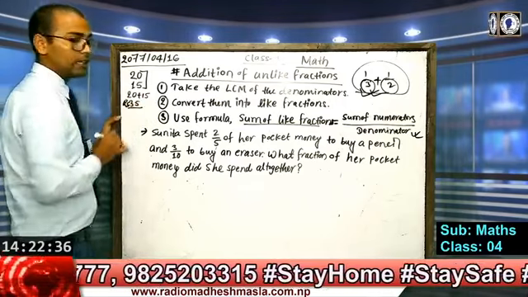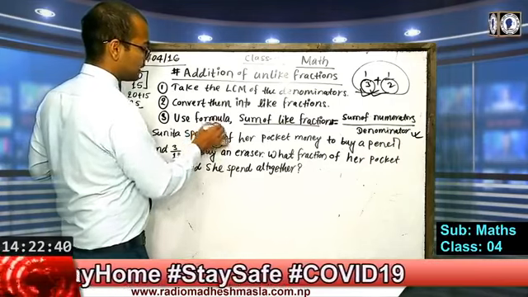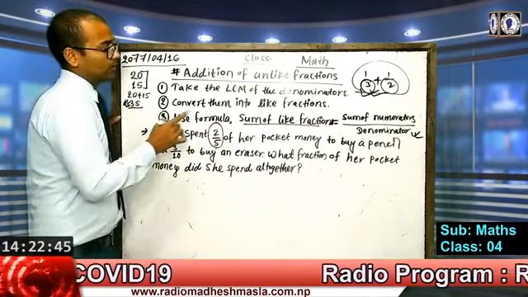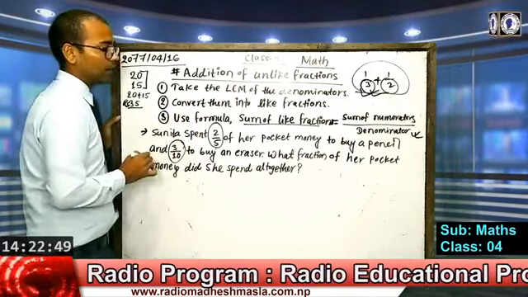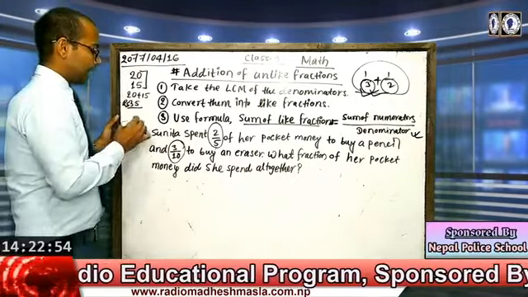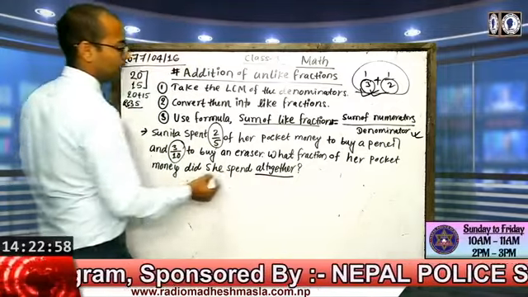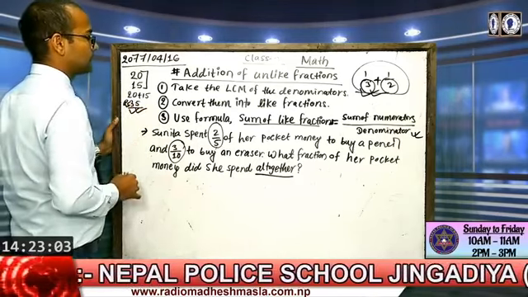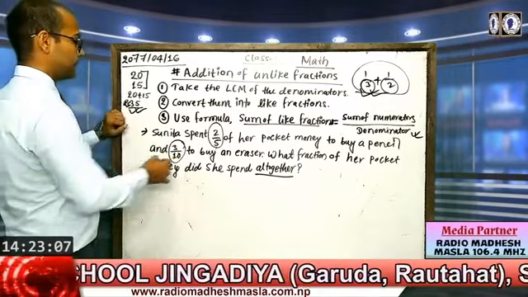In the same way, Sunita spent 2/5 of her money for a pencil and 3/10 for an eraser. To find the total spent money, we should use the addition of these two fractions.